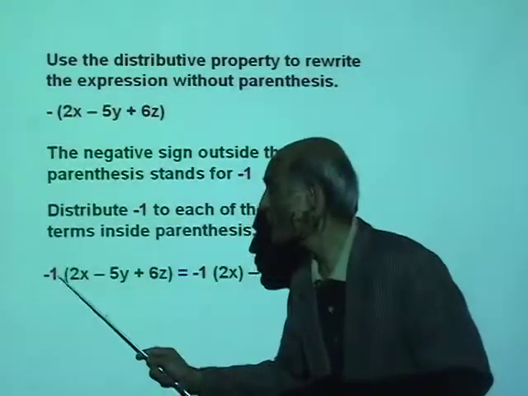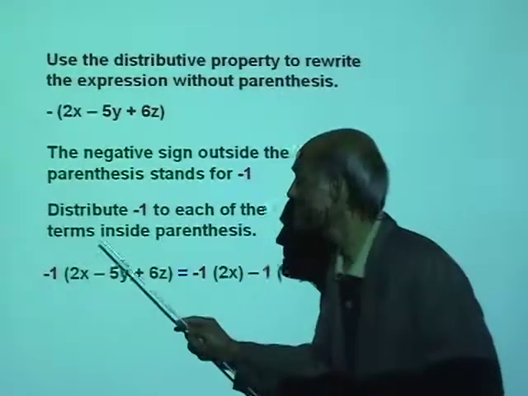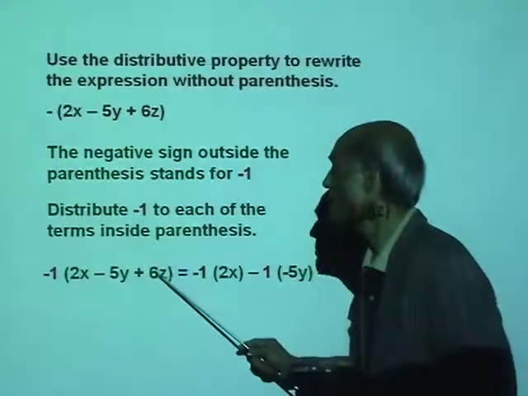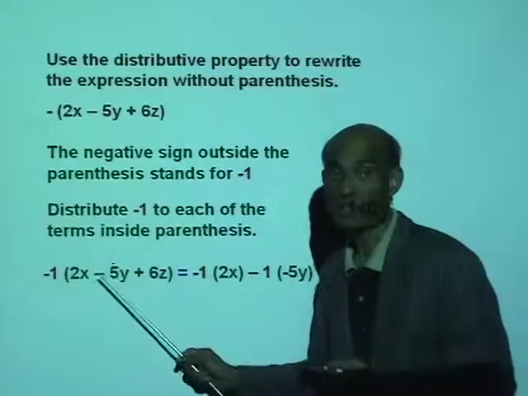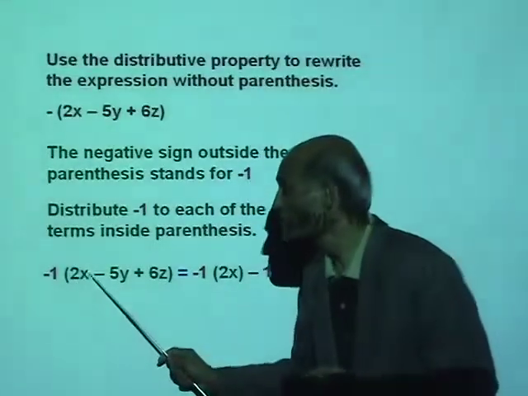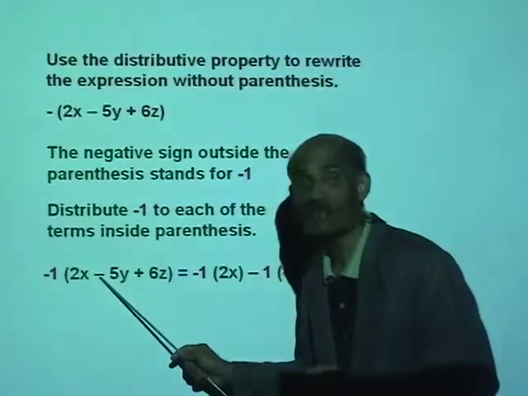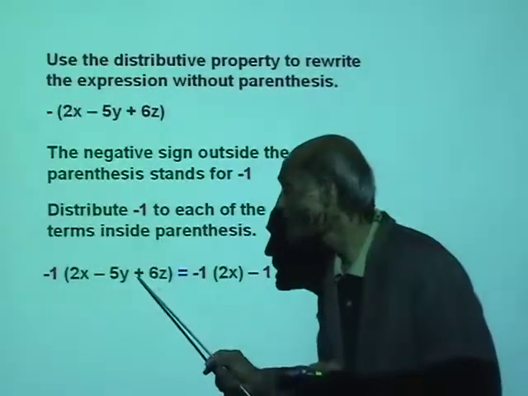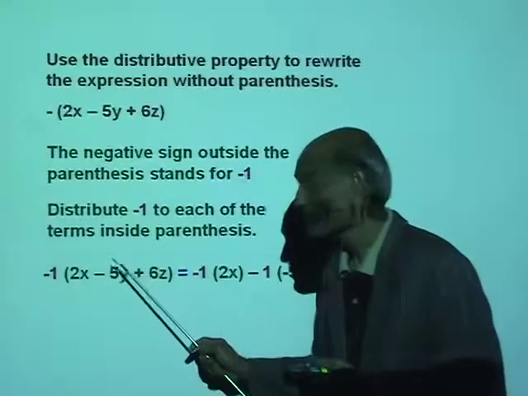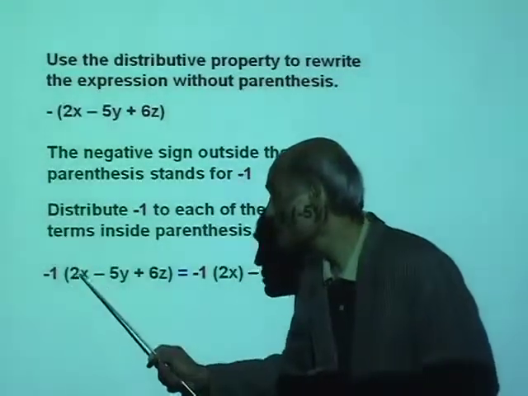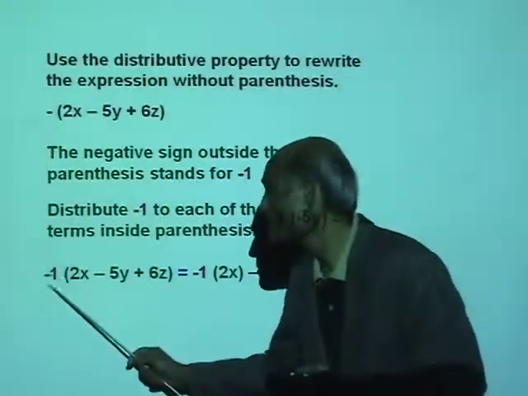This is negative 1 times 2x minus 5y plus 6z. And look at the sign of each of these. This 2x is positive, 5y is negative, and 6z is positive. We are now going to multiply each of these with negative 1.